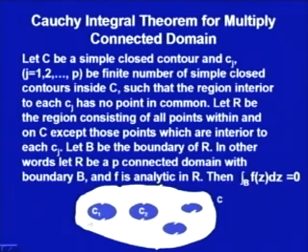Here I have taken them elliptic, but they could be of any form. Each of these Cj does not have any point in common, and they are interior to the contour C. Then the boundary consists of C, C1, C2 and so on, up to Cp.